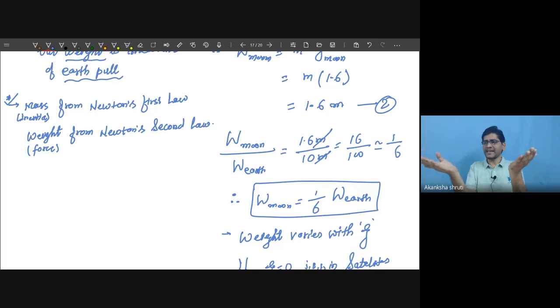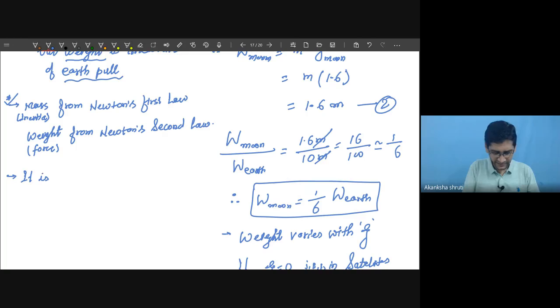So this balancing, indicated by either a pointer in between or a digital meter in between, is called a simple balance.